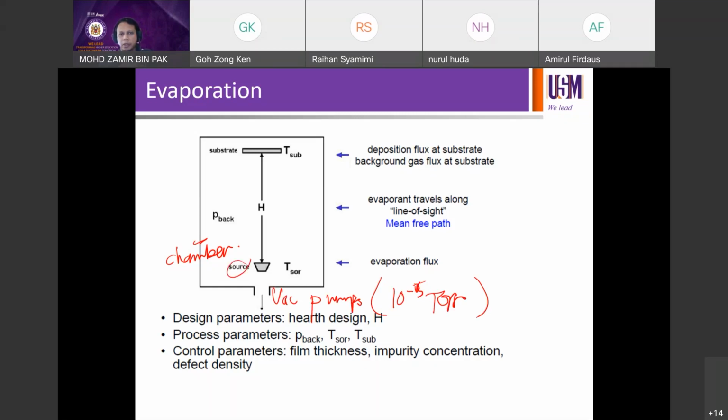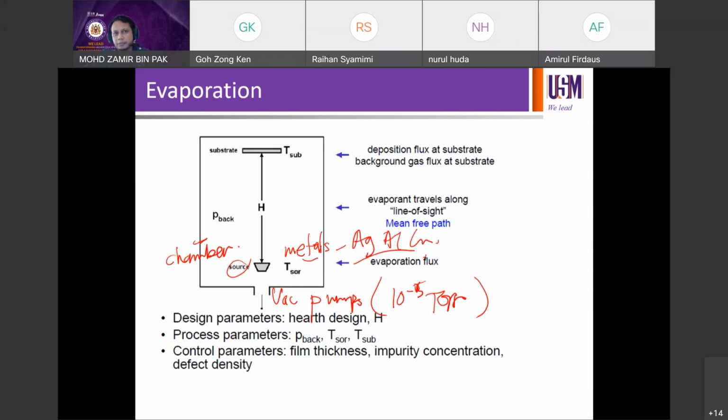For example, we discussed last time that we can evaporate many different materials, for example metals. Normally for evaporation we use it to evaporate metals, but not just metals, though it is commonly used for metals. For example silver, aluminium, copper, Ag, Al, Cu.